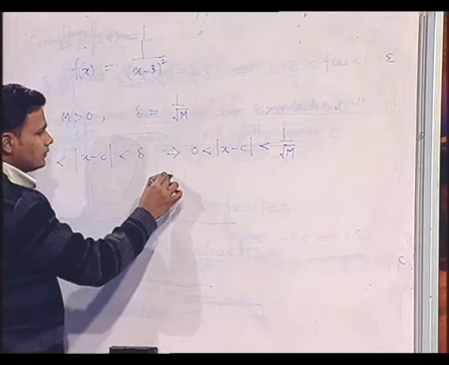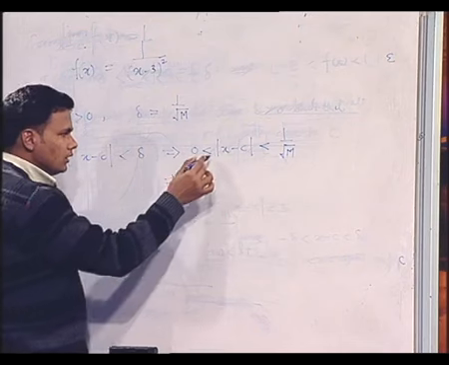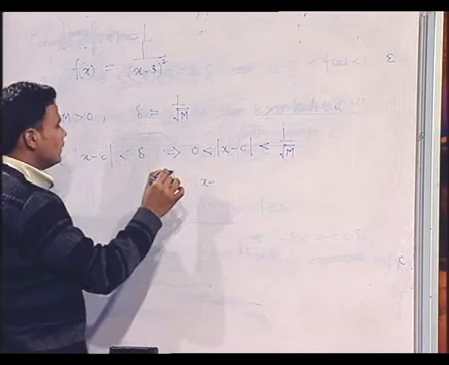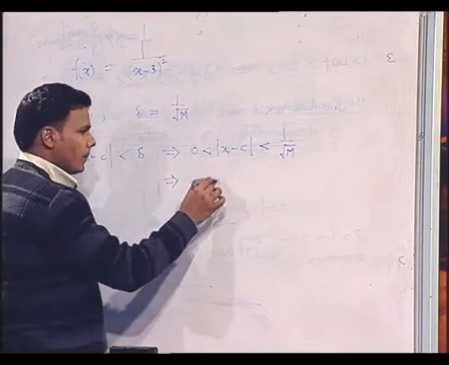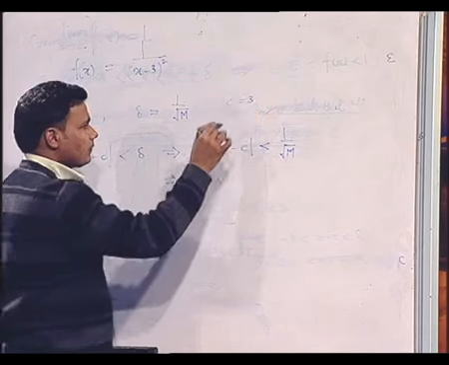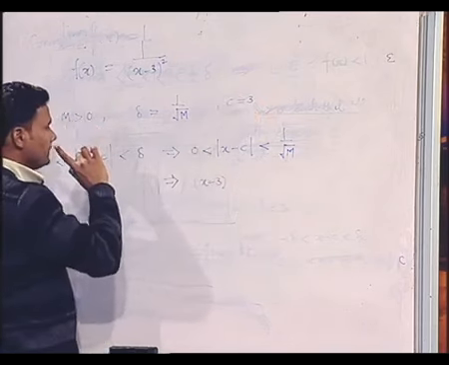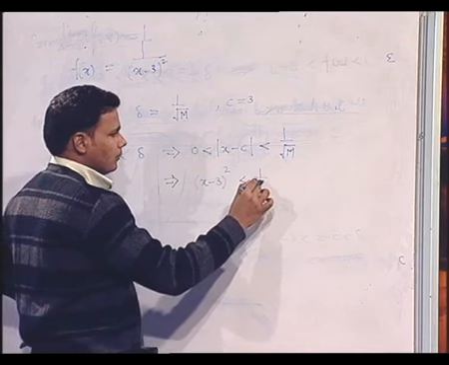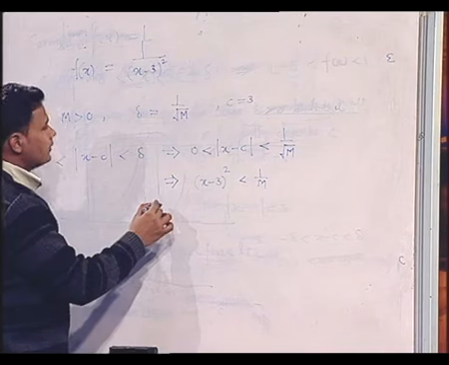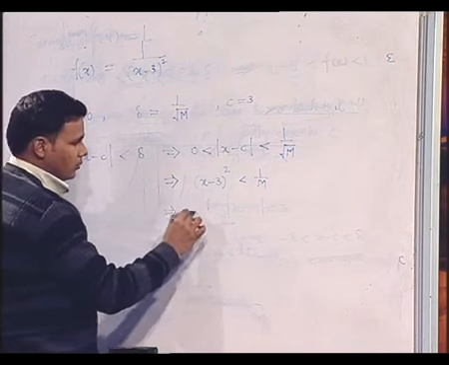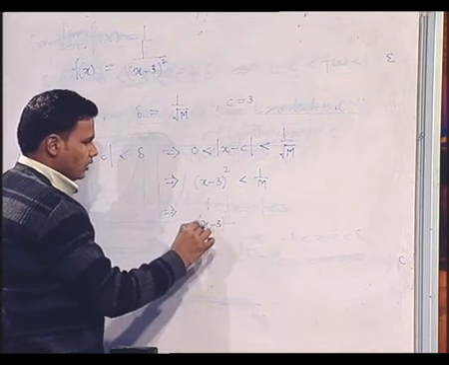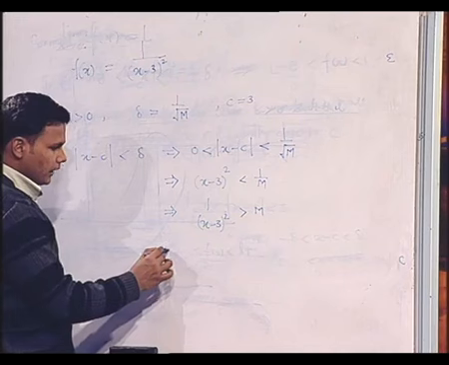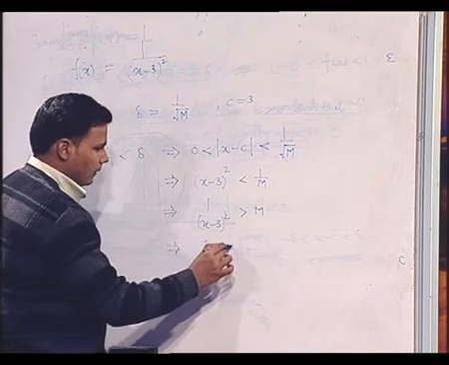And if we just take the square, here c equals 3, so (x - 3) whole square is less than 1 upon m, which implies that 1 upon (x - 3) whole square is greater than m, which implies that f(x) is greater than m.